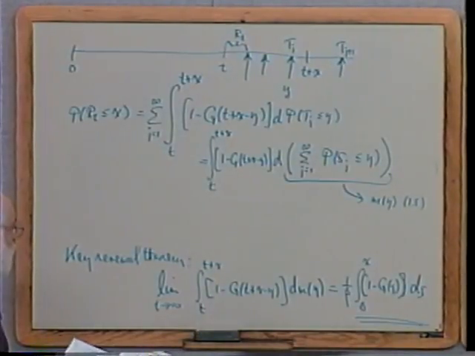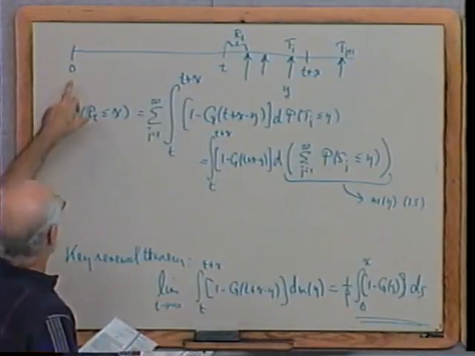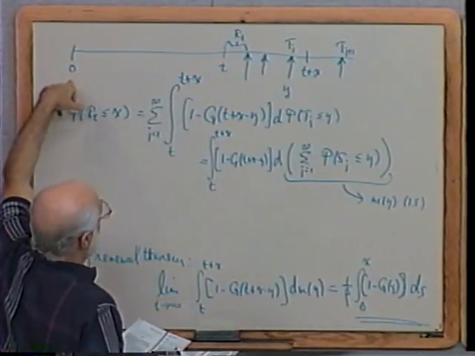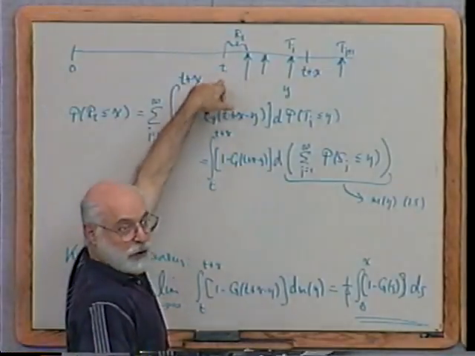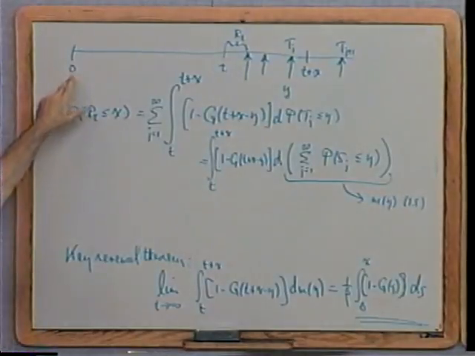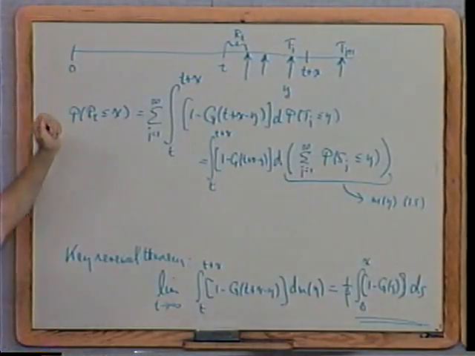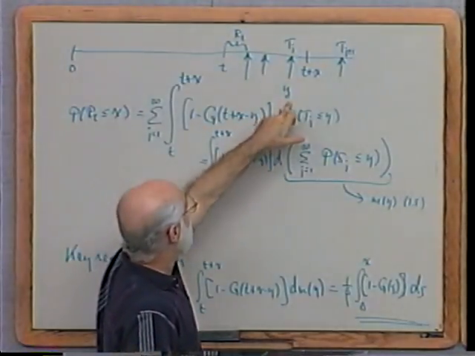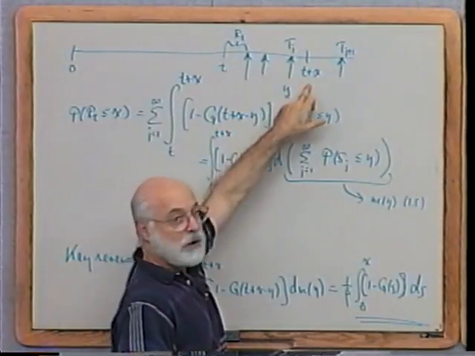Okay, now, the heuristic argument is this. Notice that what we're doing up here is we are letting t go to infinity. So if you let t go to infinity, then in effect you are taking this origin and you're pulling it farther and farther away. Now the value y ranges between t and t plus x.